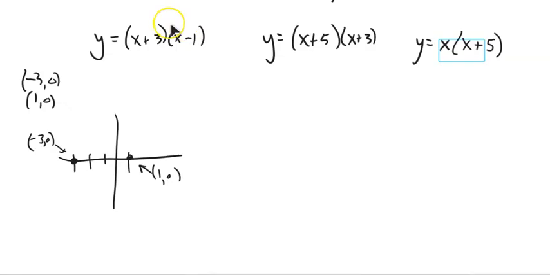Now remember, this is basically a machine. So you plug in values, it spits out values. Like when x is negative 3, notice if I plug it into here, I've got negative 3 plus 3 times negative 3 minus 1. That's 0 times negative 4, which is 0. So when I plug negative 3 in for x, y is 0. That's what's going on here.